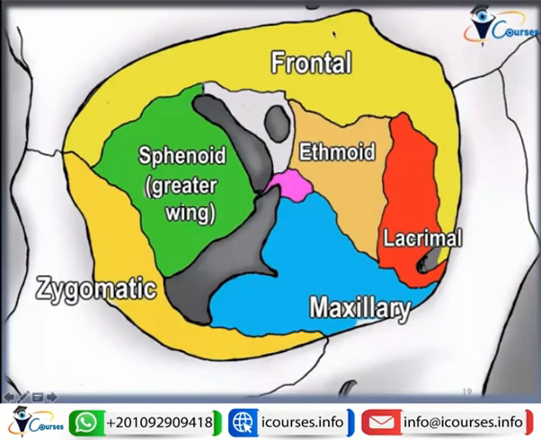Here is the frontal bone, making the upper part of the orbital margin, and the maxillary bone, making the medial part, part of the roof and part of the floor, and the zygomatic making part of the floor and part of the lateral wall.